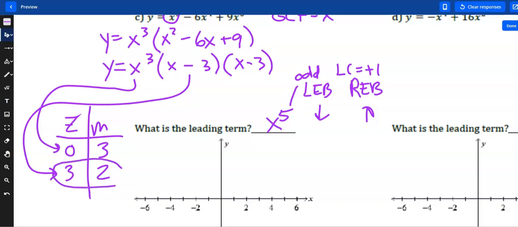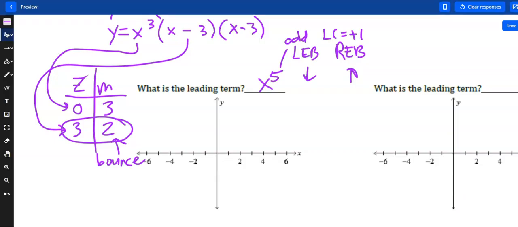And yes, we're going to have a bounce right here because of the even multiplicity. So let's see here. We've got 0 and 3. Attach my end behavior: up on the right, down on the left. The bounce happens at 3, so boom, boom, something like that.